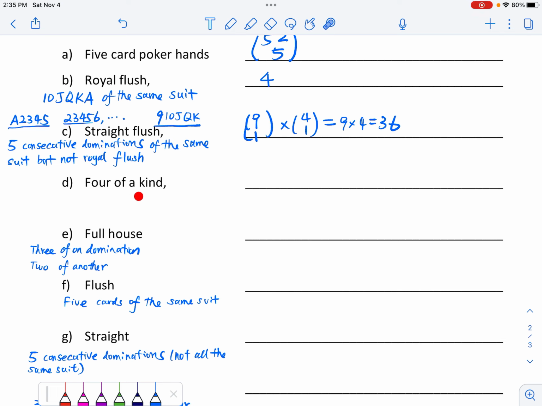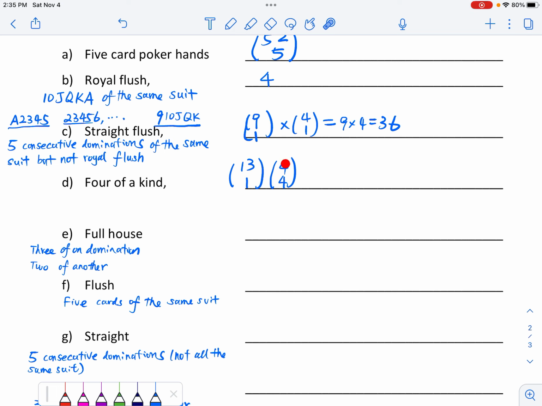4 of a kind means 4 cards are of the same denomination, and the very last one can be anyone. Step 1 is to choose one denomination from the 13 denominations, right? And that will be the 4 of a kind. And for the value chosen, all 4 of those cards should be chosen.